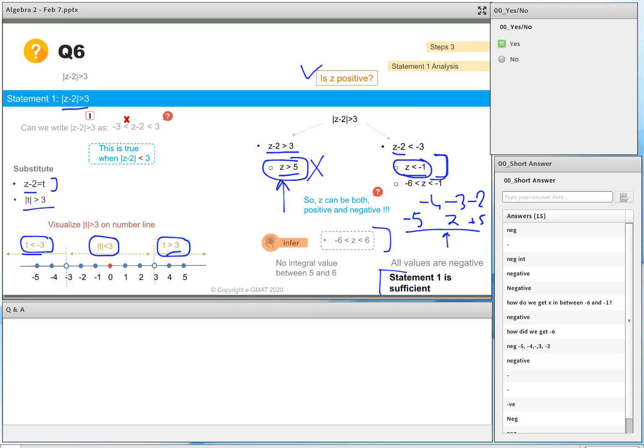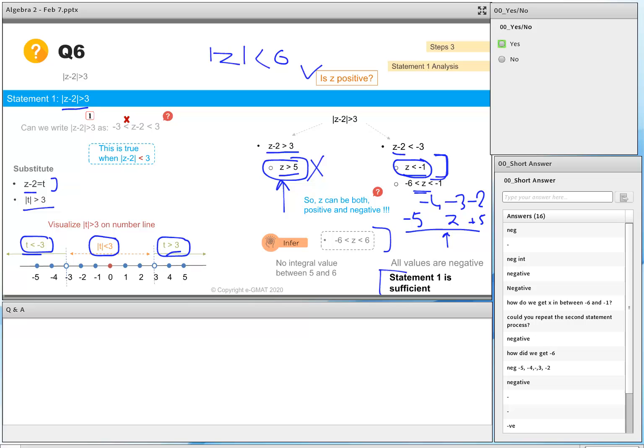Okay, I have a question over here. How did I get x between -6 and -1? So this is z, right? It's not x. So z is between -6 and -1 according to the question that I had previously. The question statement where it was given that mod of z is less than 6.